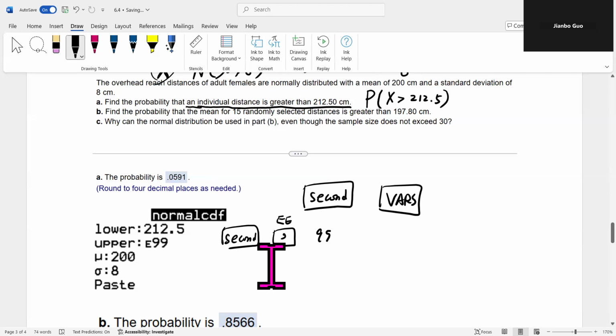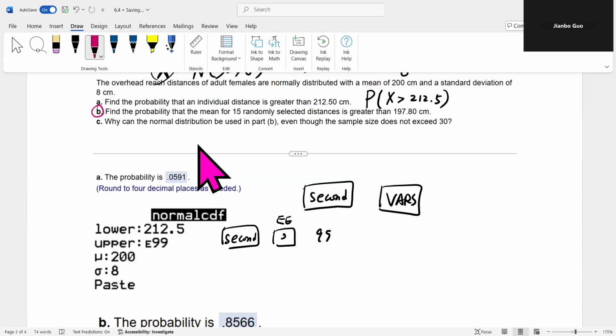Part B is about the central limit theorem. Find the probability that the mean for 15 randomly selected distances is greater than 197.8 centimeters.